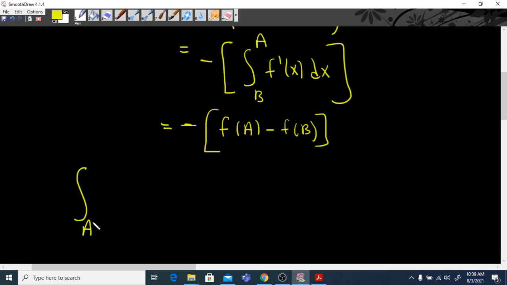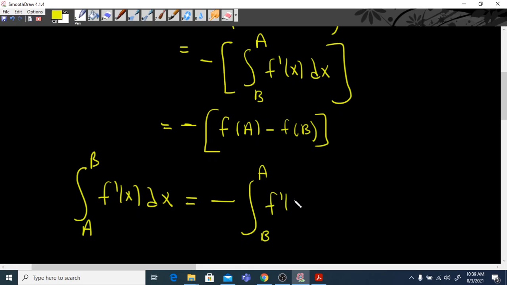The integral from a to b of some function is the negative of the integral from b to a. In other words, if I want to swap the limits of integration, I may do so, but it costs me a minus sign.